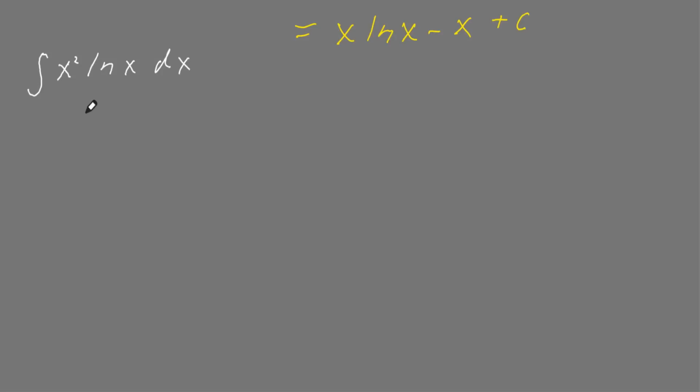Now here's another type 2 problem. This looks like a type 1 problem, but if you were to try to do it like a type 1 problem and choose u equal to x squared, so that dv would be equal to this, you have u is equal to x squared, and dv is equal to ln of x dx.